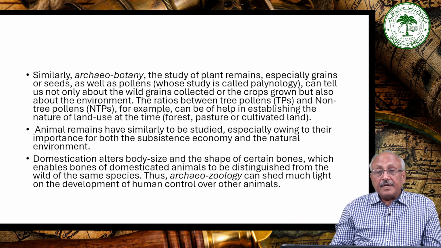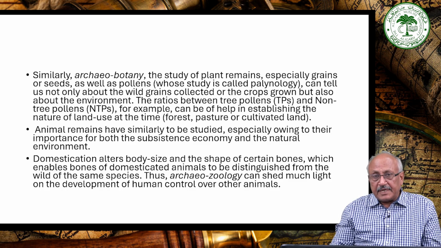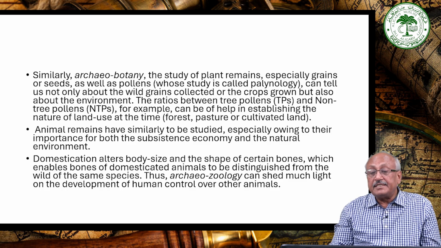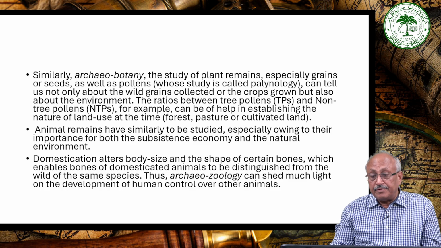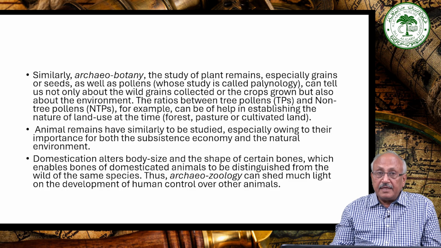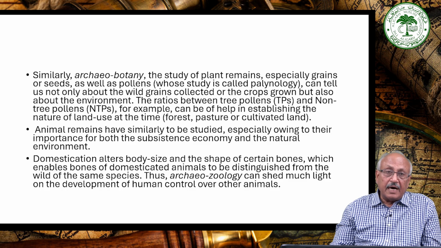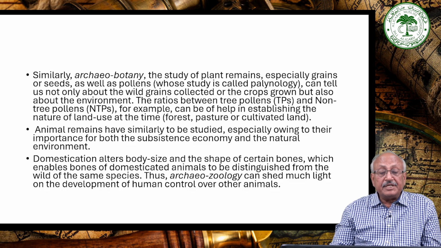So therefore, the moment domestication of cattle or plants, anything takes place, that alters the body size and the shape of certain bones, which enables bones of domesticated animals to be distinguished from other wilds of the same species. So thus archaeology can shed much light on the development of human control over other animals.